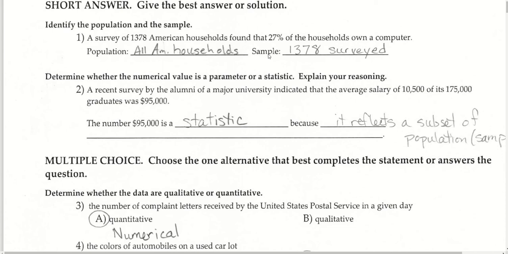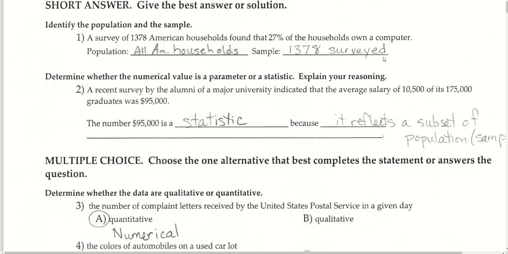So if it helps, you can think sample means some, whereas population is all of them. So here, the study that's actually being done is on American households. So the population would be all American households, and the sample would be those 1,378 households that were actually selected.